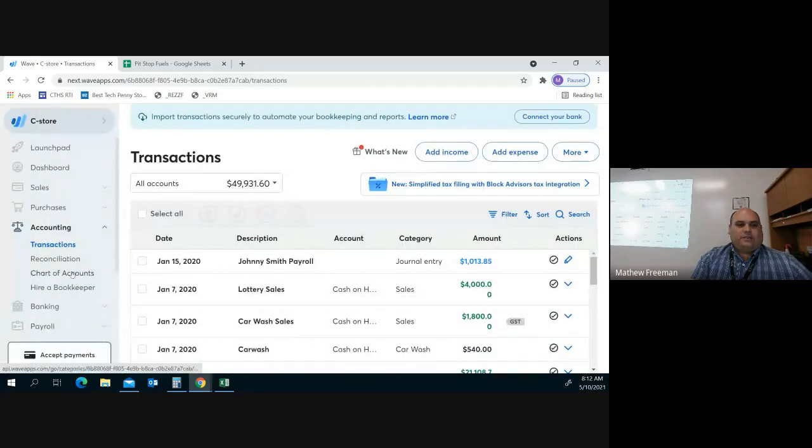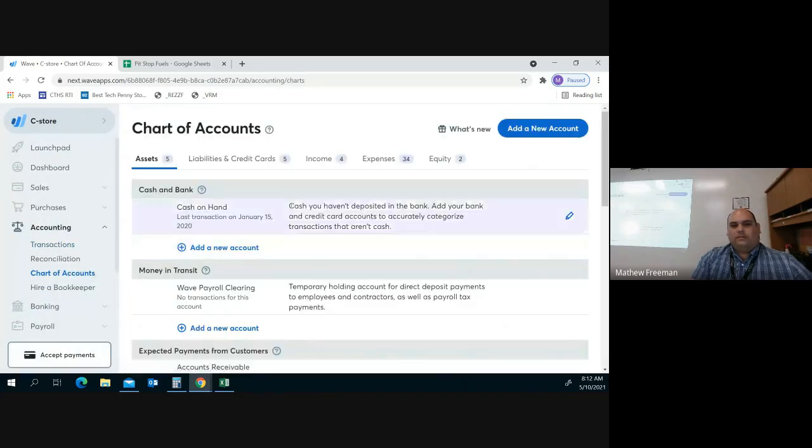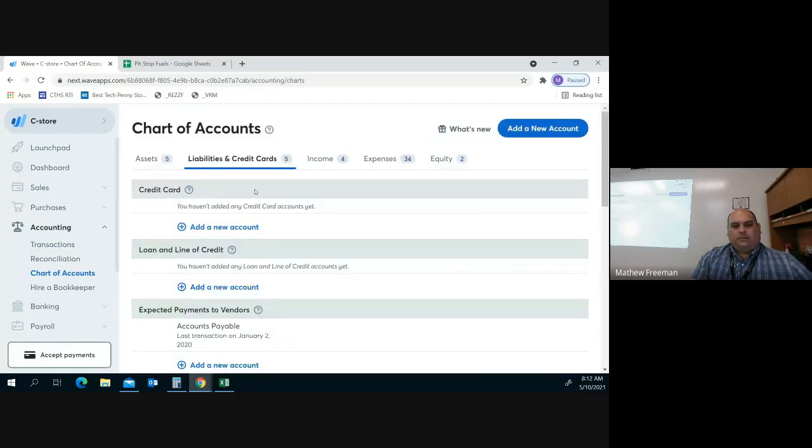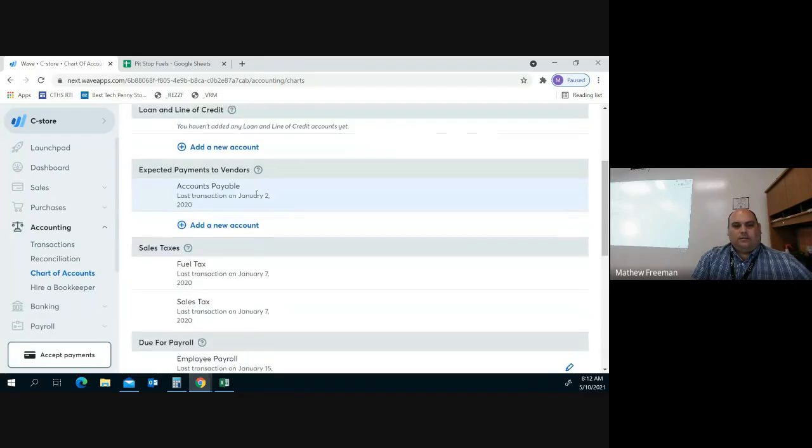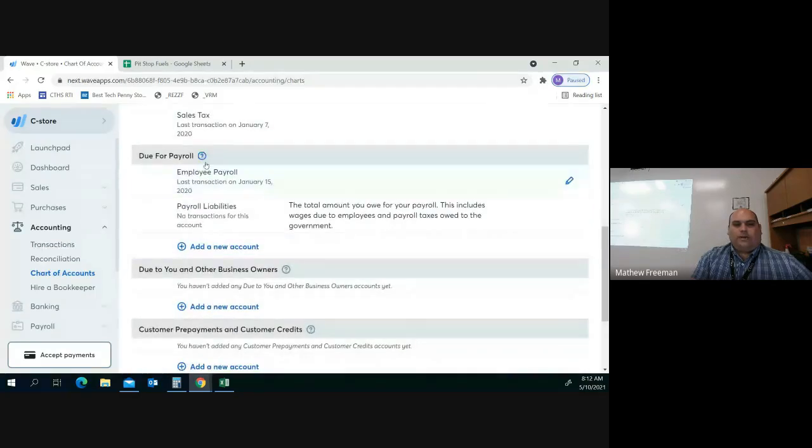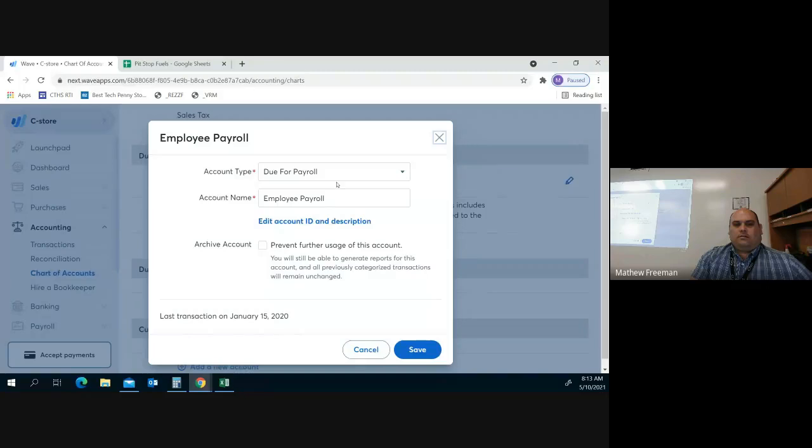And so the first thing you need to do is go to your chart of accounts, go to liability, and go to due for payroll, and you're going to add in employee payroll. Now you can manually enter that one in because if you paid for it, then they'll add that. That's a feature they'll add in. We're not doing the pay feature, so you'll click new account: due for payroll, employee payroll.